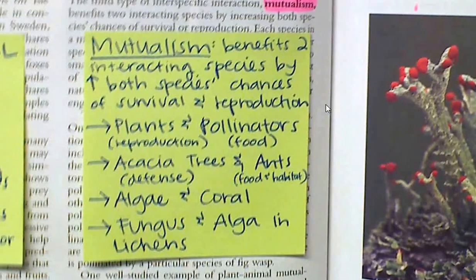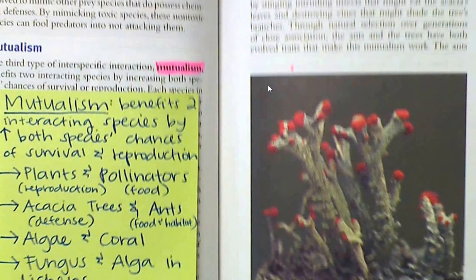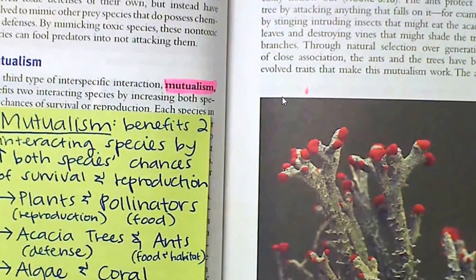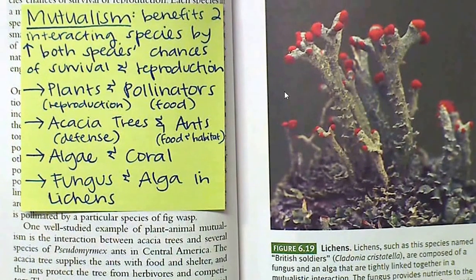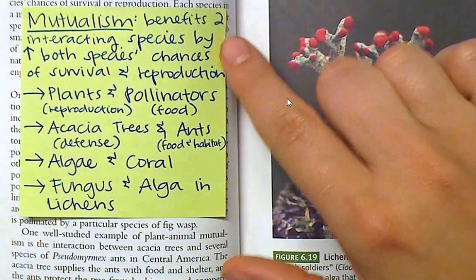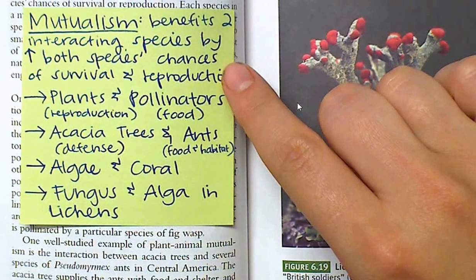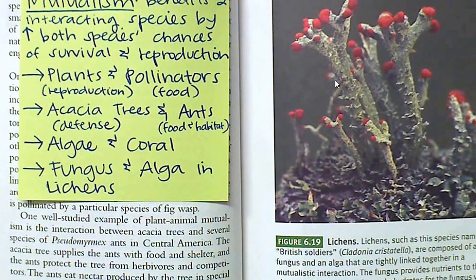Okay, so now we have mutualism, and I know we talked about mutualism, commensalism, parasitism in class on Friday. So let's look at a few more examples of that today. So mutualism benefits two interacting species by increasing both species' chances of survival and reproduction. So I have a few examples here. Plants and pollinators.